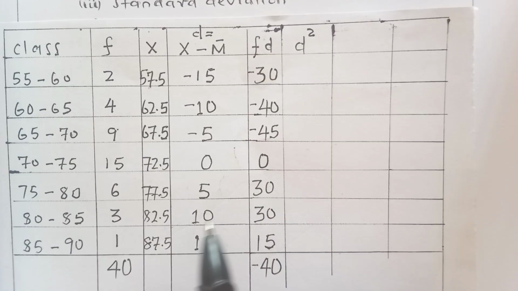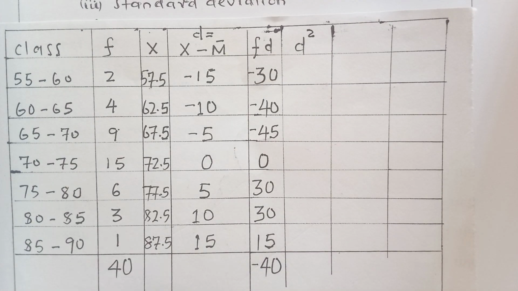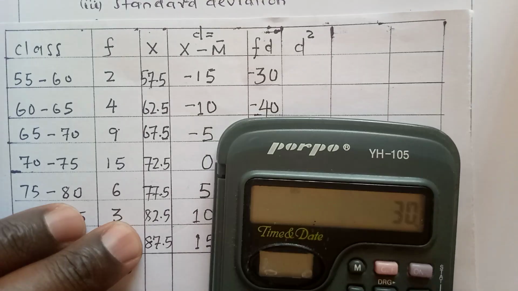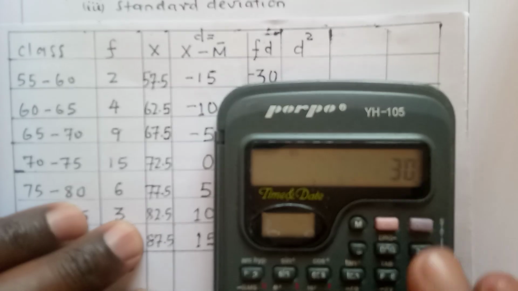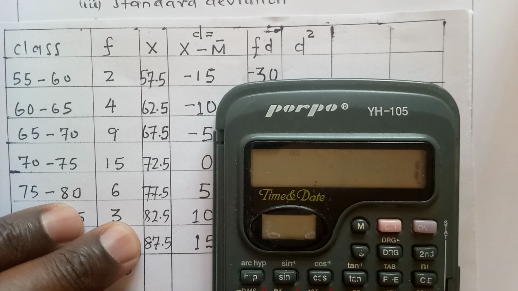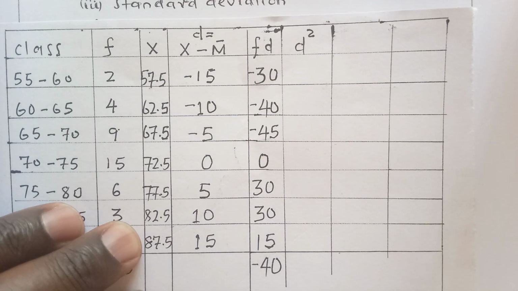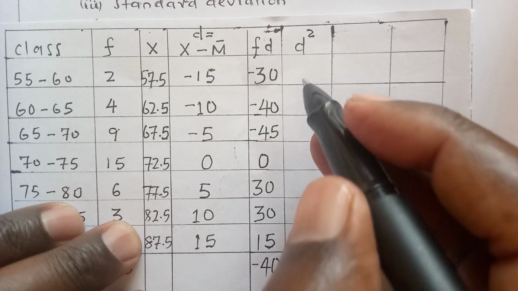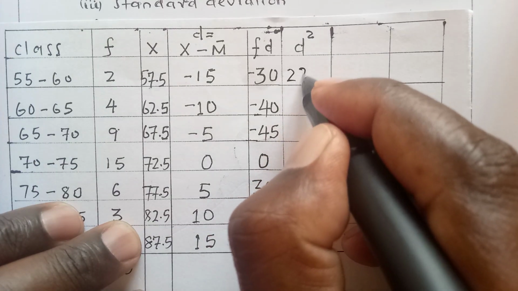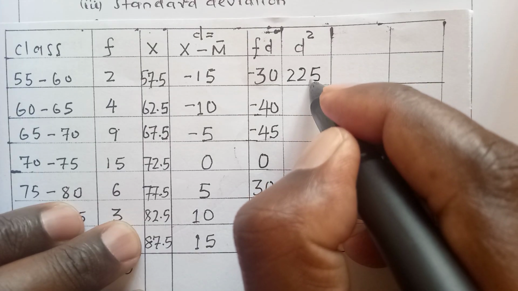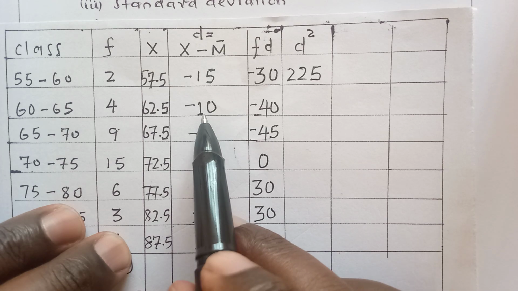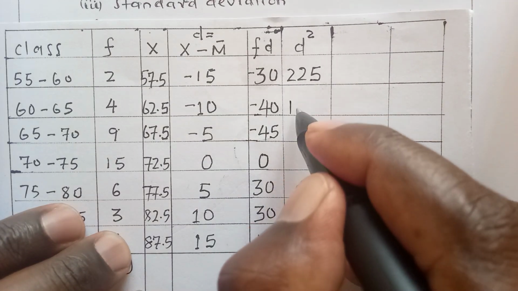And because it is squared, we may not consider the negative as of now. So we just multiply, 15 times 15. That gives us 225. And so we write there 225 like that. Then for this one, we have 100.